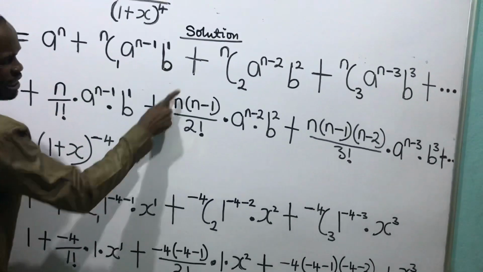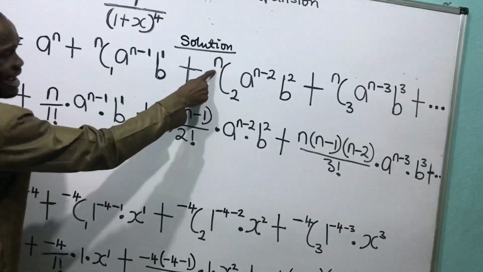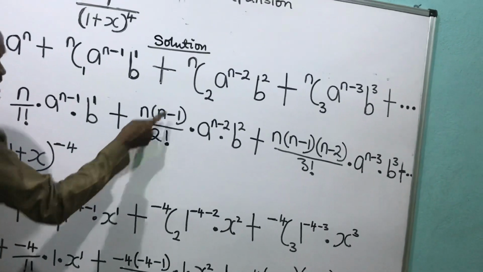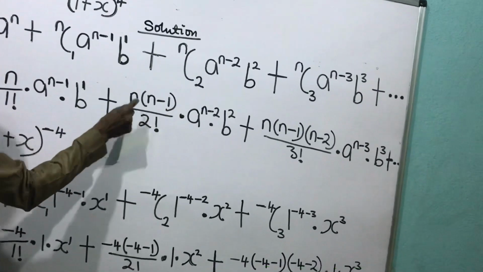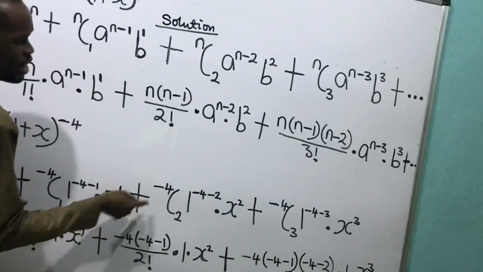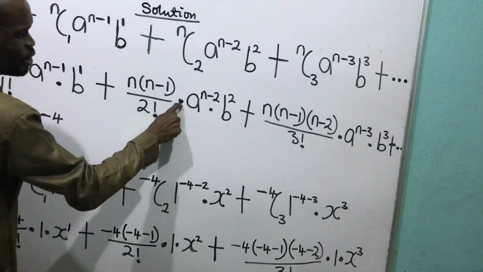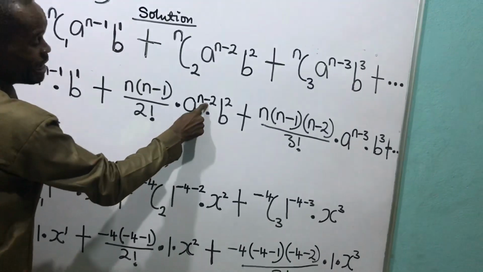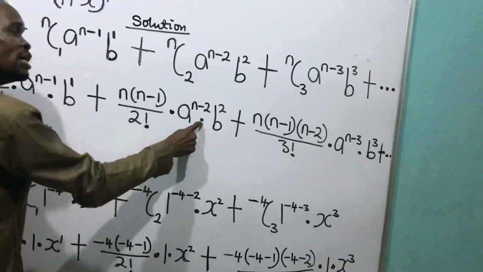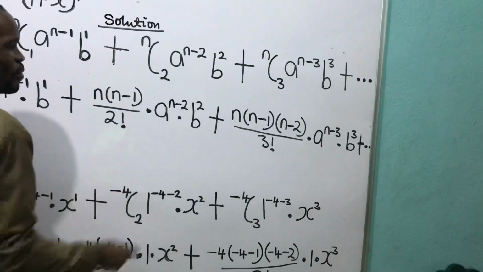Then plus, this means N should go down by 2, meaning N into N minus 1, which is having 1, 2 over 2 factorial. And this A results in multiplication, A raised to power N minus 2. This 2 is constant, dot multiply B raised to power 2.